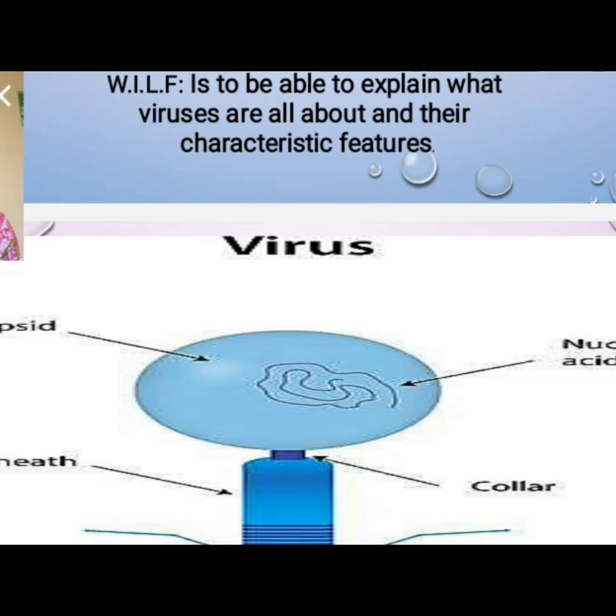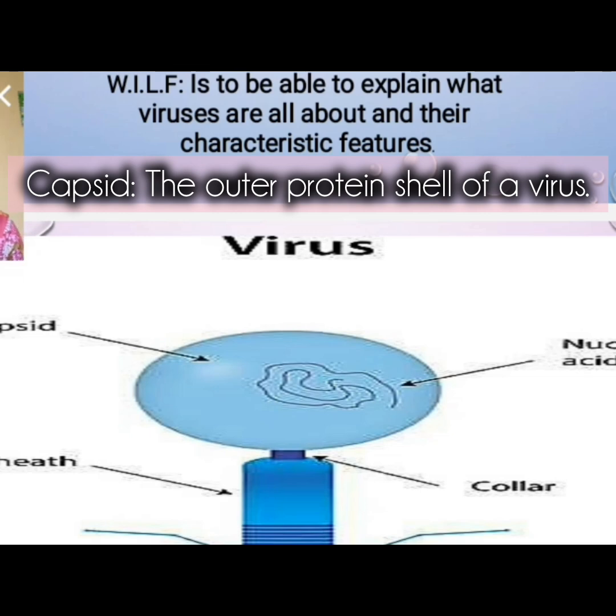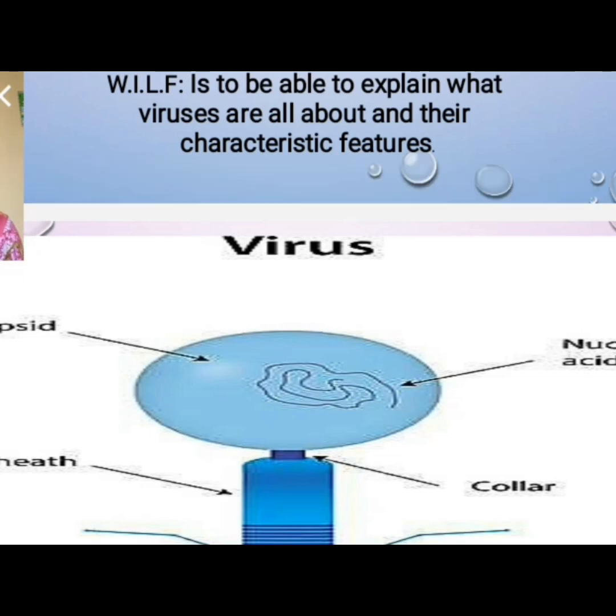So we're going to look at the parts that make up the structure of a virus. Now the first part is the capsid. As you can see here, the capsid is the internal part that consists of fluids surrounding the cell of a virus. Now here we have the nucleic acid, as you can see by the arrow indicating the nucleic acid.